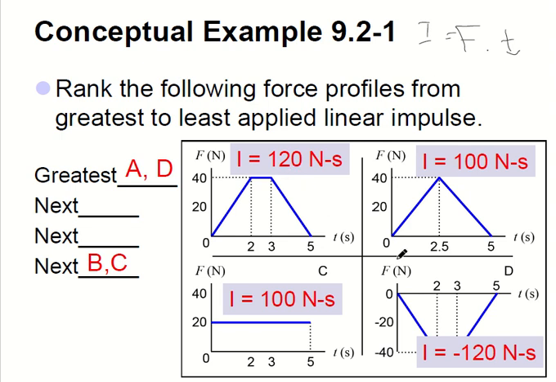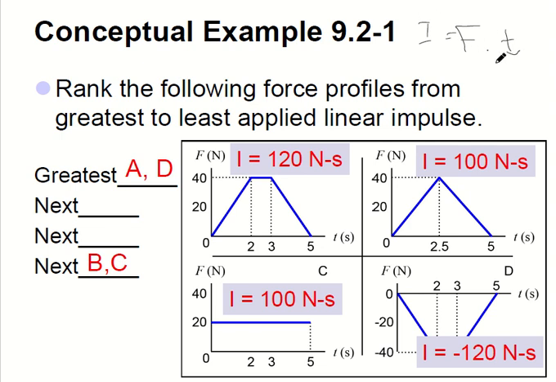And we have a force situation here. How do we get it? Every time we graph like this, all you have to do is take the force and the time, and calculate the area underneath of that graph in order to get the impulse.